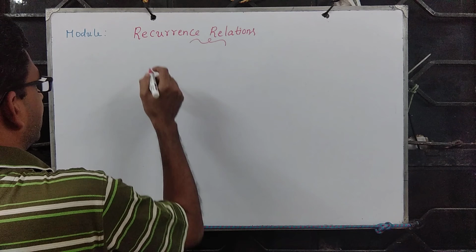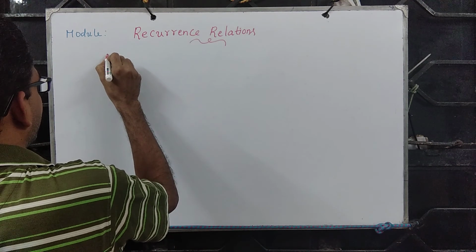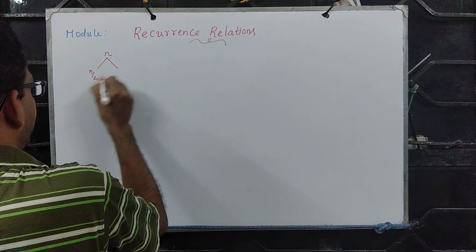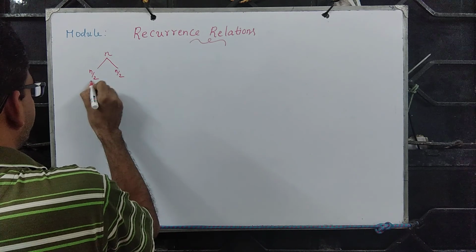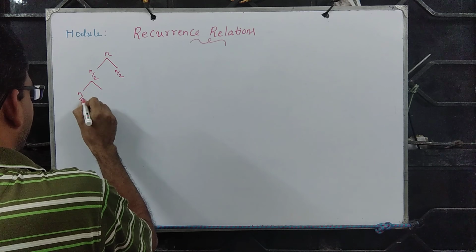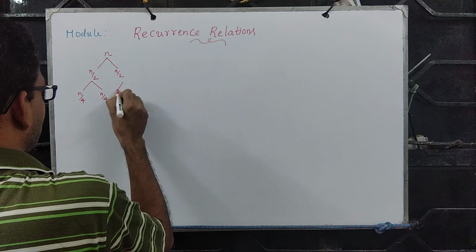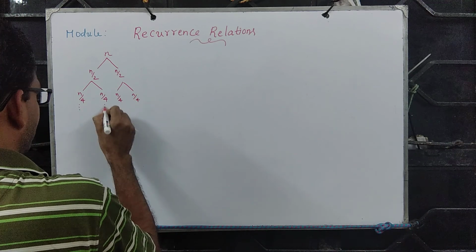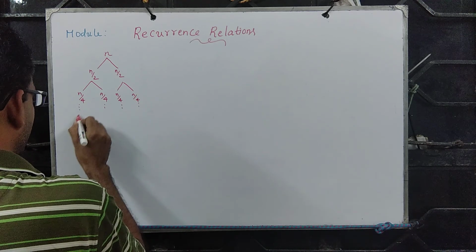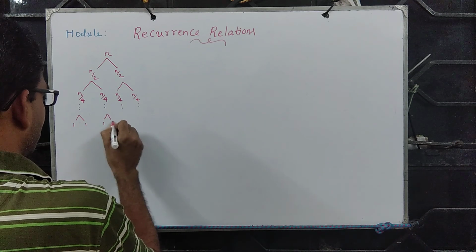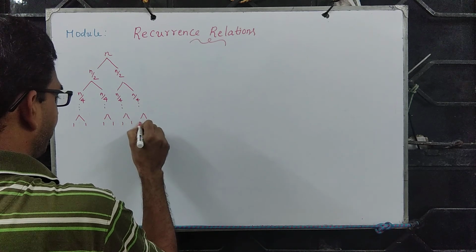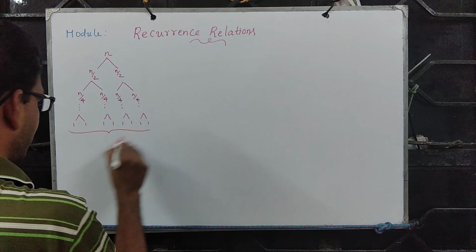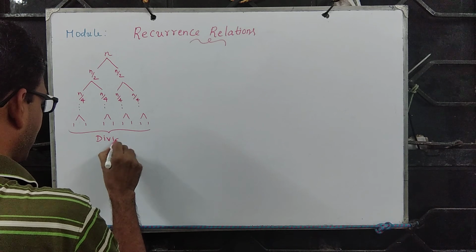So as part of our algorithm, what are we doing? We have a problem of size n, which is divided into n by 2, n by 2. Then further it is divided into n by 4, n by 4. Like that it happens. And when do we stop? We stop when we reach a problem of size 1. This is what we do as part of divide.